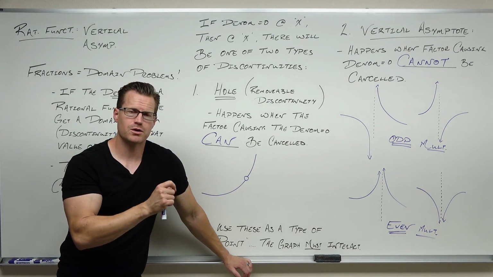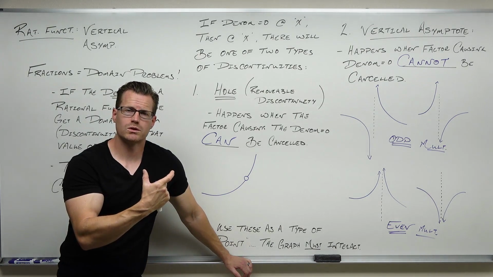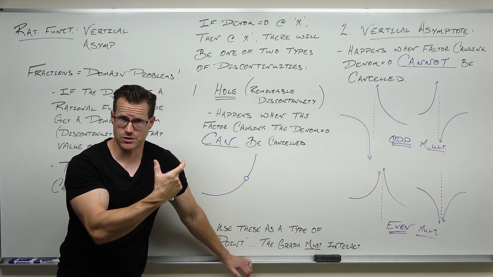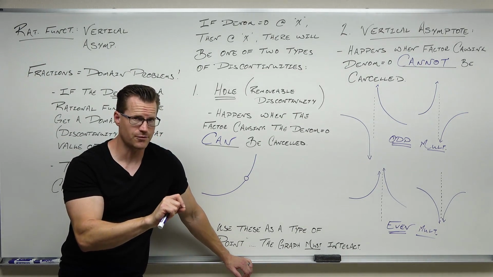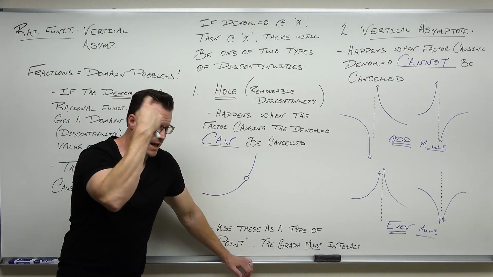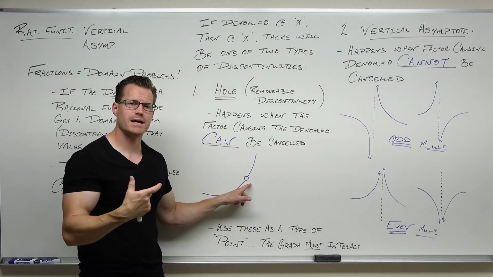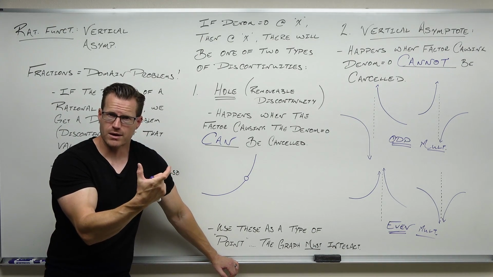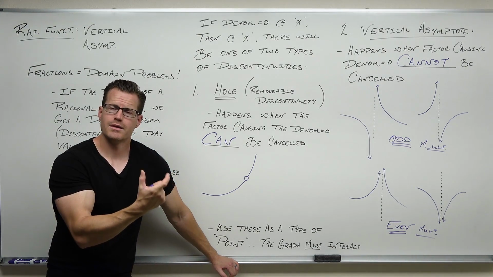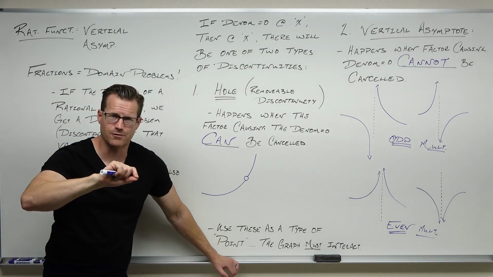Then you're going to look at the factors that are giving you your domain problems and see if that particular factor can be canceled. If it can be canceled, then the domain problem you just identified is a hole. You cancel the factor out, plug in the value, and find the hole. It gives you a point you're going to use on the graph. If you look at the factor and you cannot cancel it, then what you've just identified is called a vertical asymptote. We put a little dotted line, which acts like a force field.